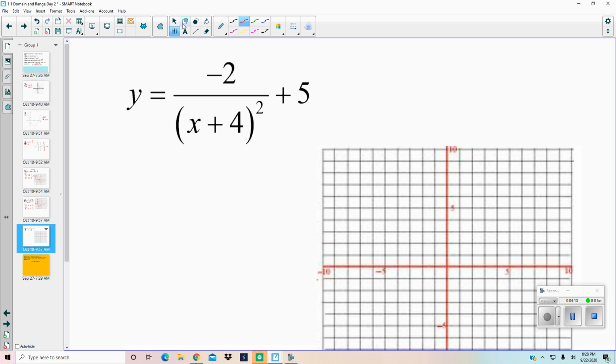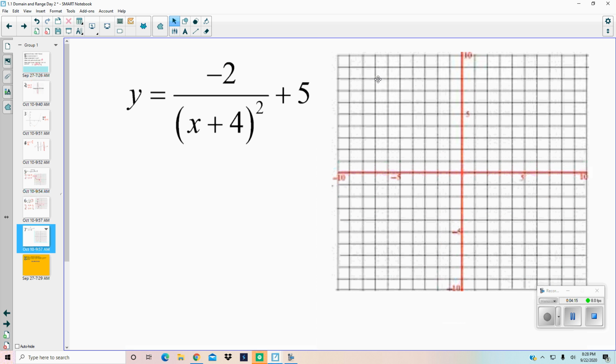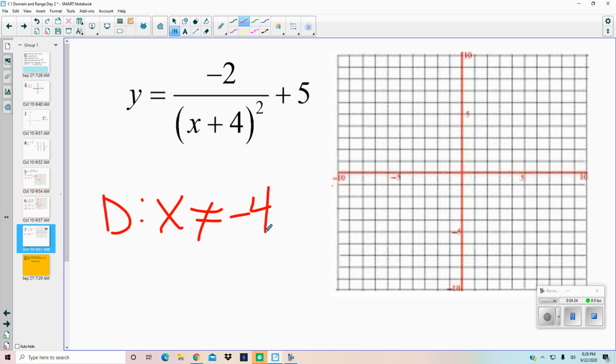Inverse square. You can see that x can't be -4 because that's going to give you 0 in the denominator.